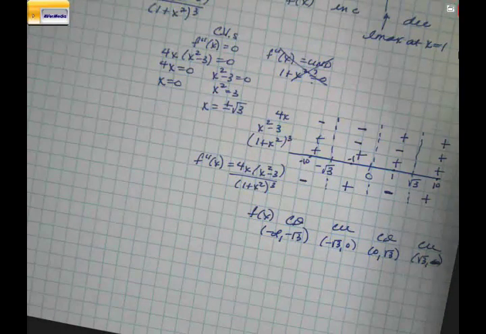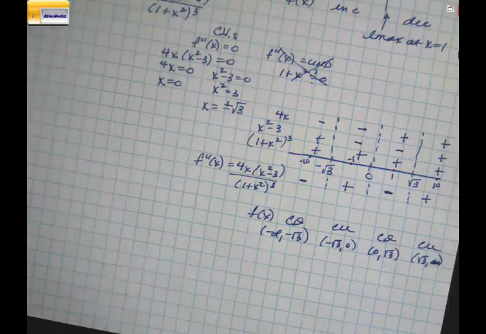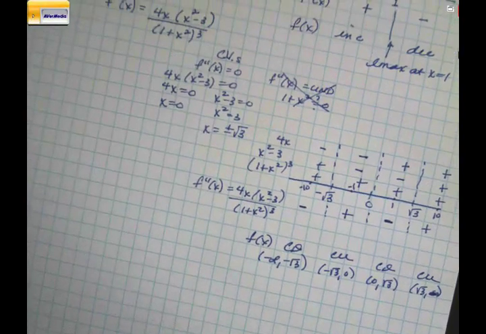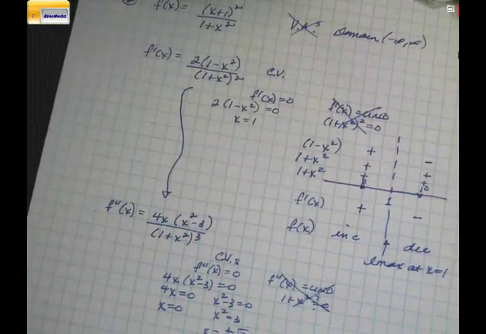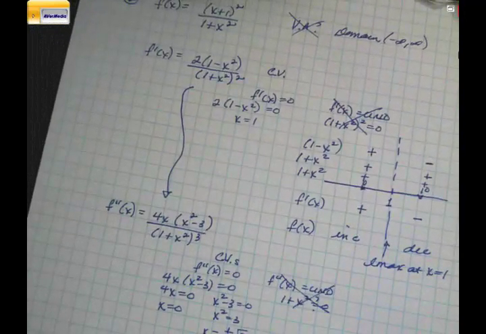I hope we didn't miss a critical value. We missed a critical value, didn't we? We did, didn't we? Oh, y'all are not going to be happy about this. Back up. We made a mistake.